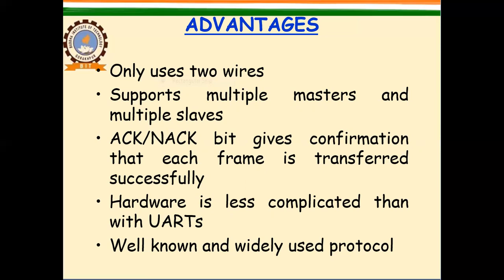So unlike SPI, it also has a feature that shows whether the data is transferred successfully or not. Hardware is less complicated, as we see that only 2 wires are used. So it is a well-known and widely used protocol, which is used nowadays in different embedded systems.